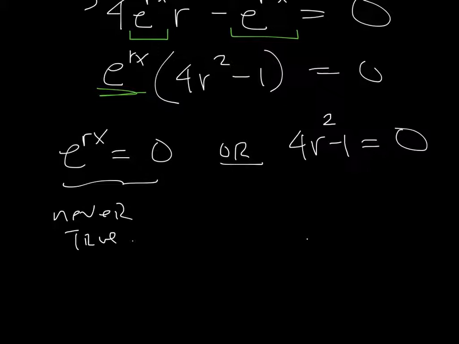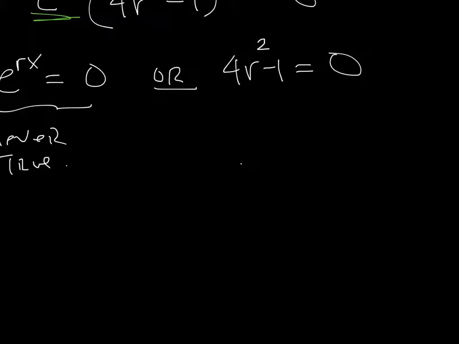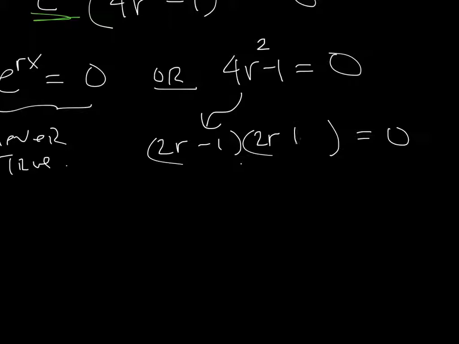There are two ways you can do this. It really doesn't matter how you solve this. If you want, you can say this is a difference of two squares, 2r minus 1 times 2r plus 1. From algebra, we know a squared minus b squared is a plus b times a minus b.